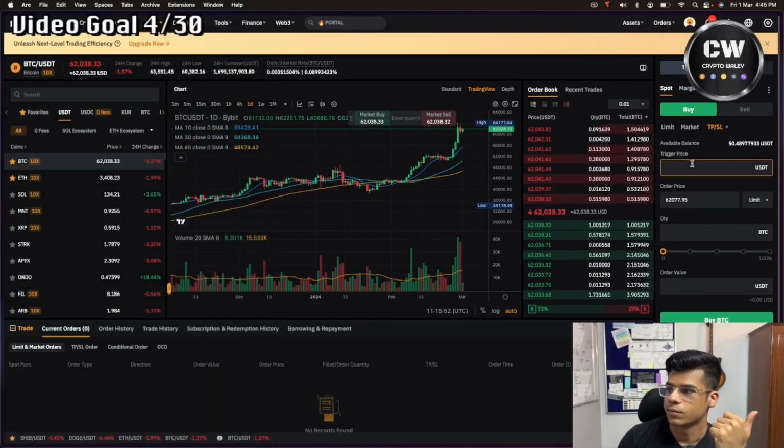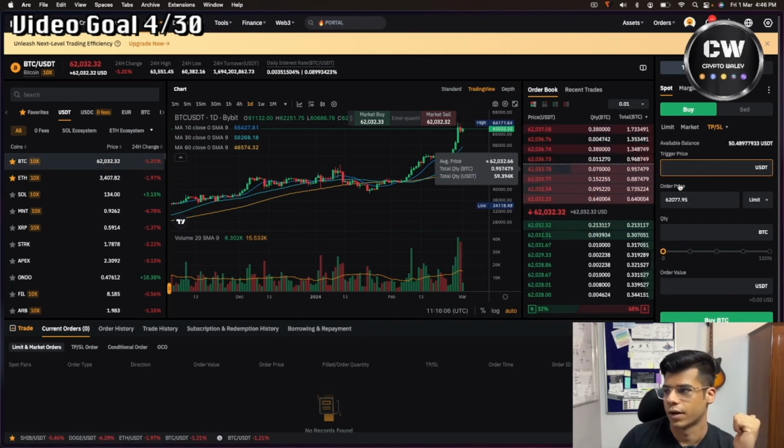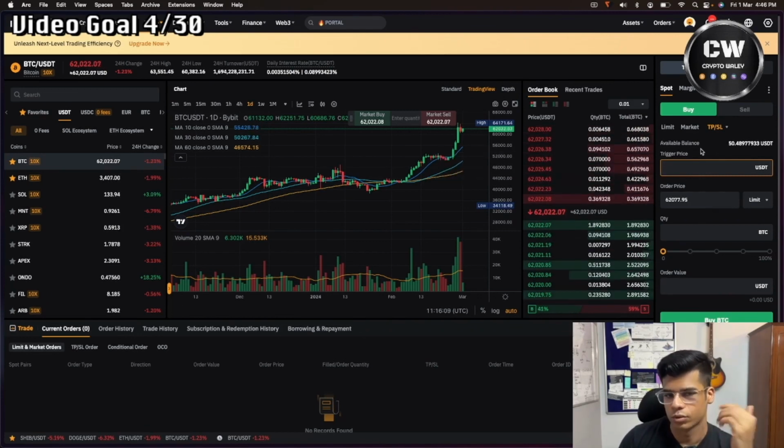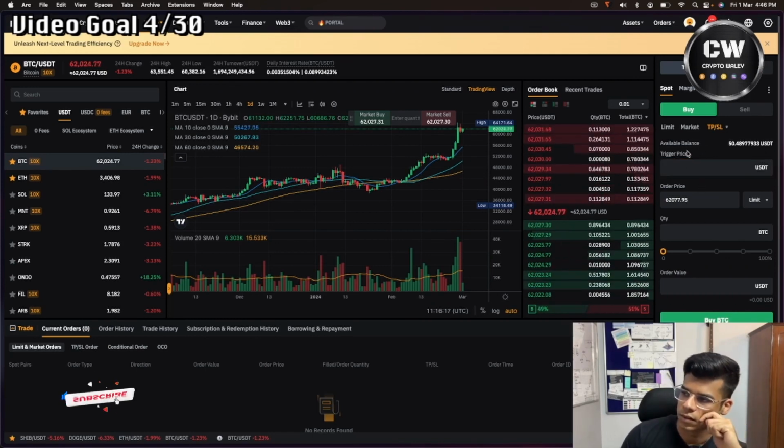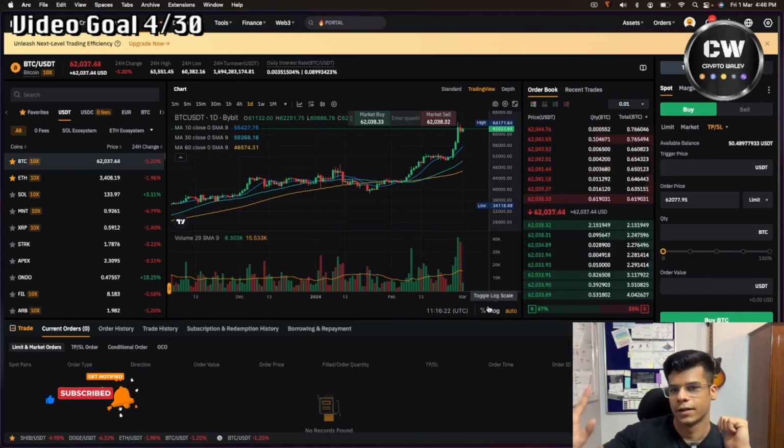Why? Because there can be liquidity issues, and there can be chances that the order is triggered but not executed because there is not enough liquidity. It can happen, and it happens a lot. So I suggest, if you are putting a trigger price, set your order price one point lower. When the price reaches your trigger price, the order is sent to the order book and it will get executed.